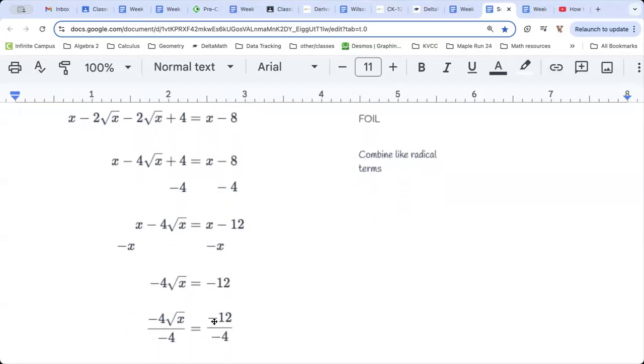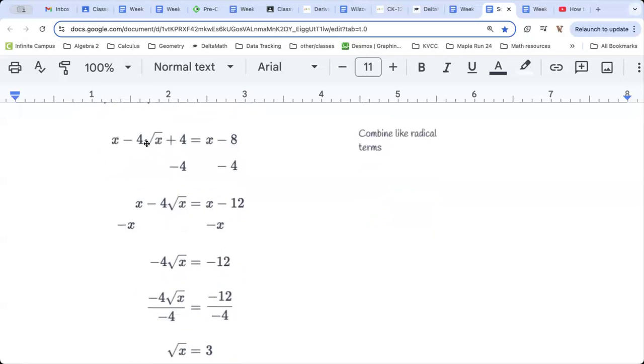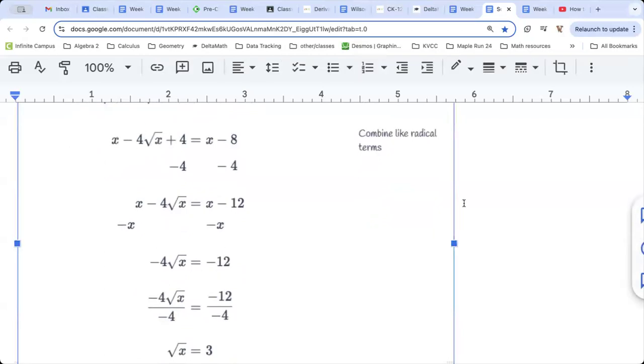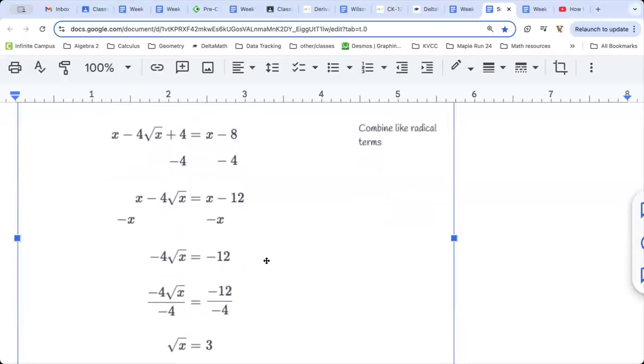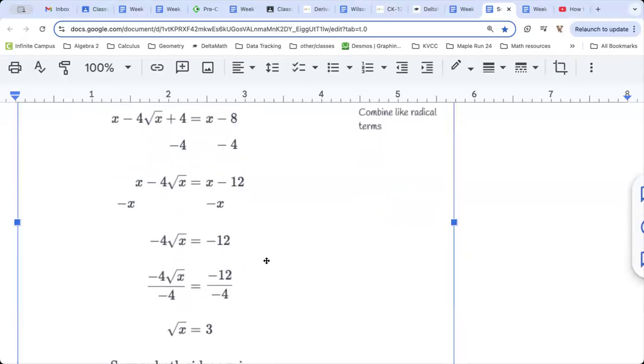Once you carry this out, the left-hand side should just be -4 square root x. On the right-hand side, -8 minus 4 is -12. X minus x, the x disappears. So that looks pretty encouraging.